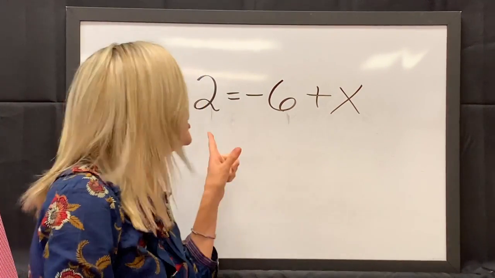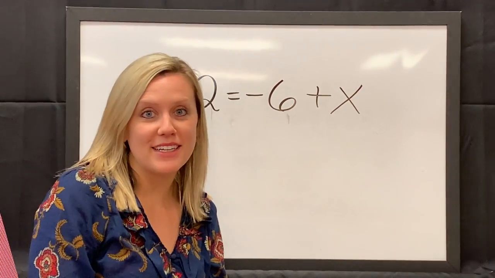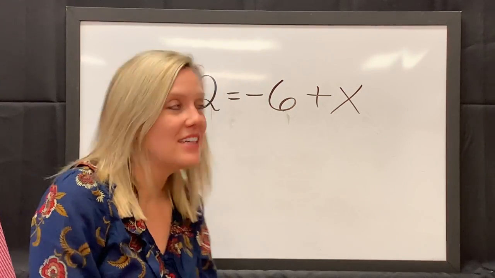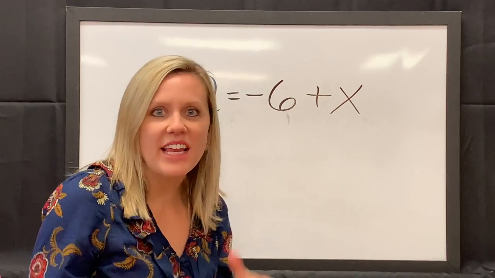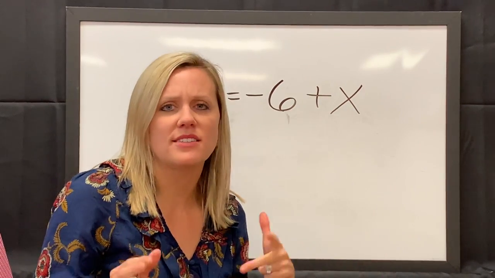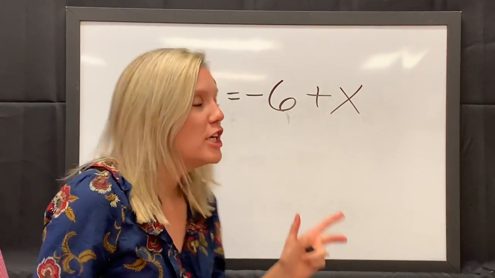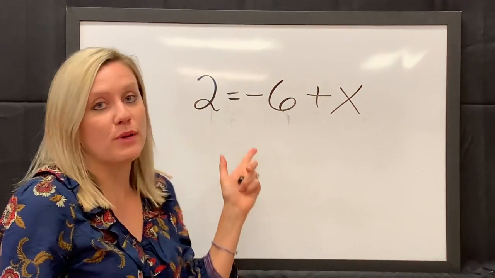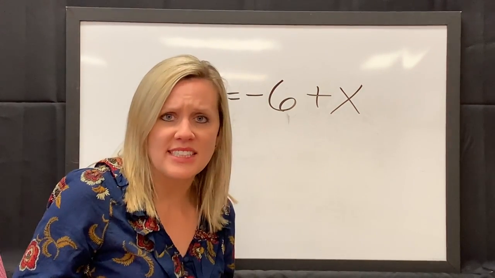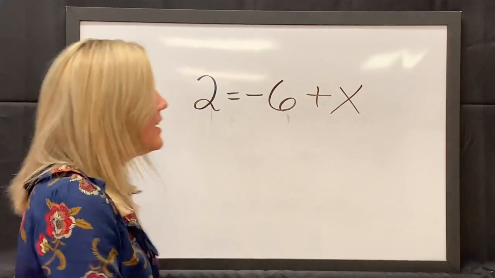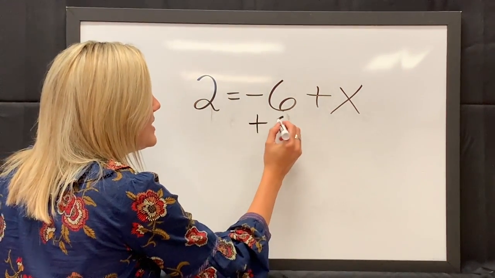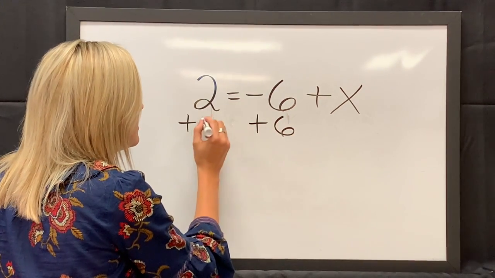Here we have 2 equals negative 6 plus x. I want to get rid of this negative 6. Negative 6 and minus 6 are essentially kind of like the same thing. So I'm going to add 6 to get rid of this. If you're $6 in debt, it is going to take you $6 to get out of debt. Okay, so I'm going to add 6 here to get rid of that.